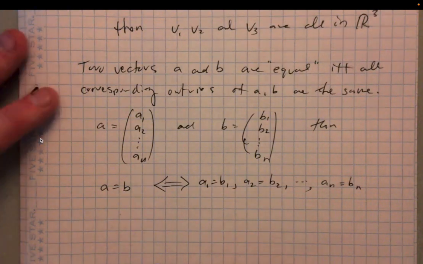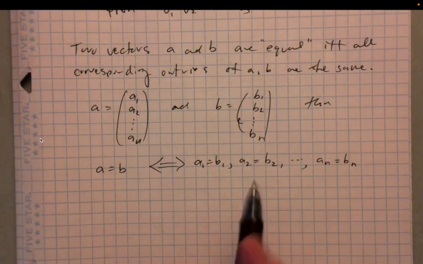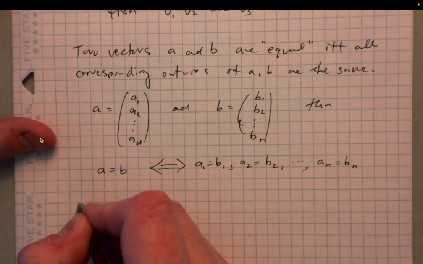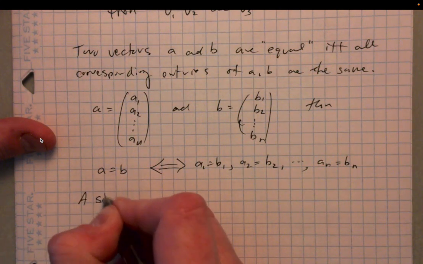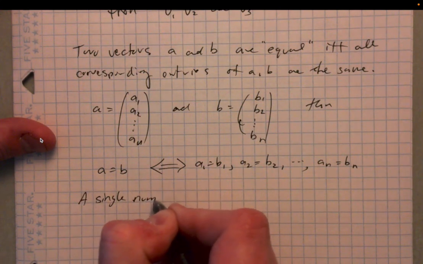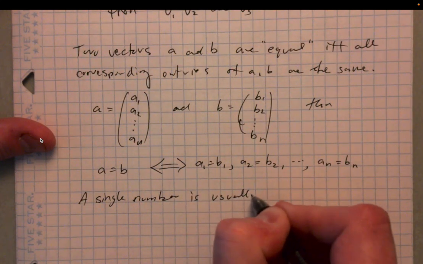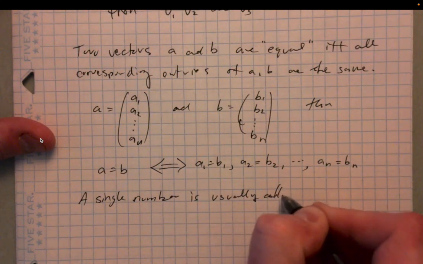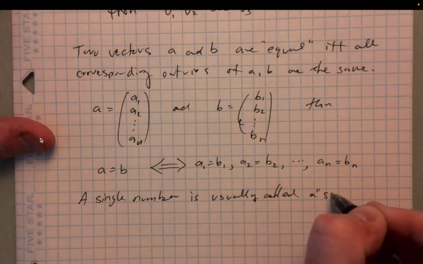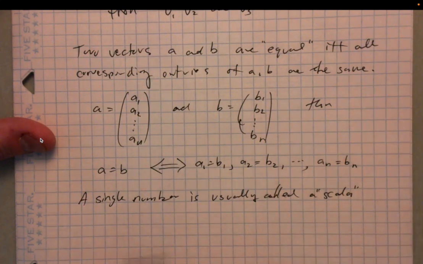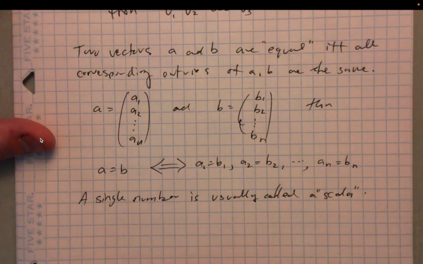And then another thing we'll need here at the onset is the idea of a scalar. So when we talk about a single number, it's usually called a scalar, to distinguish it from a vector, right?